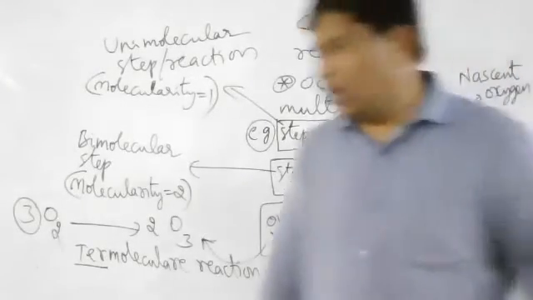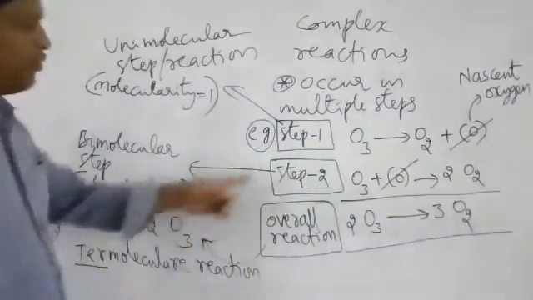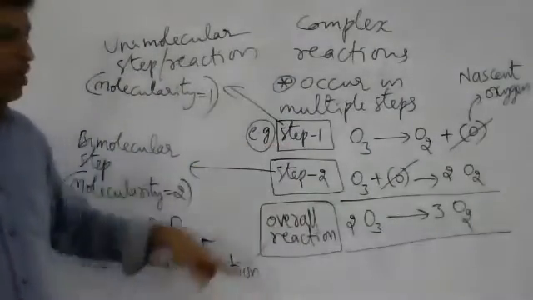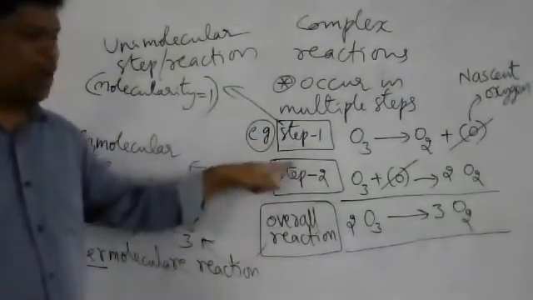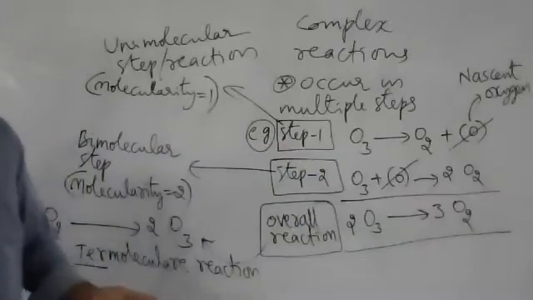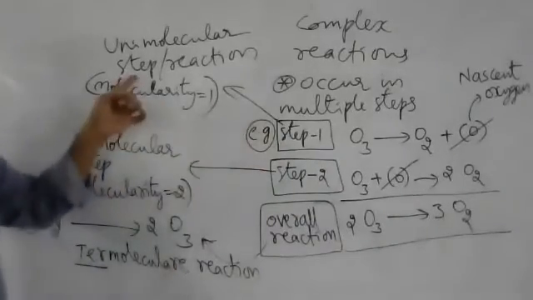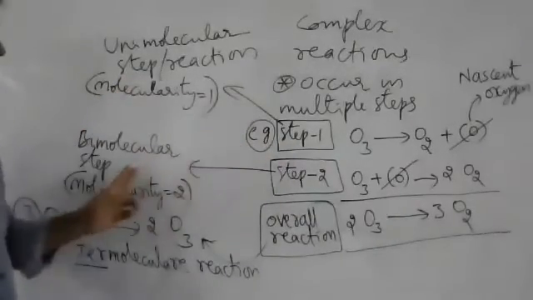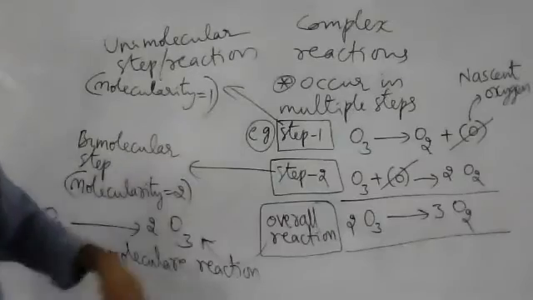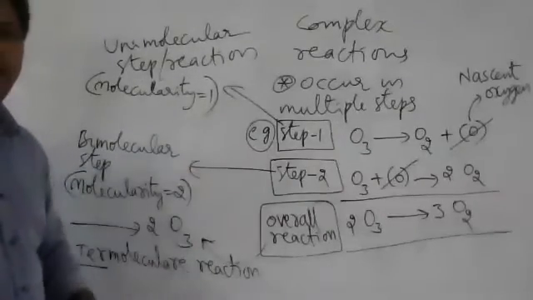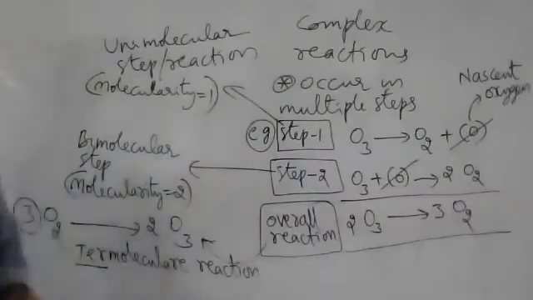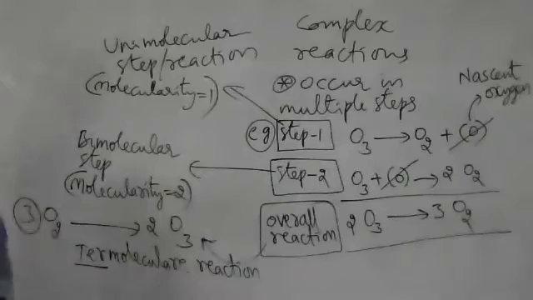Is that clear? Now in case of a complex reaction, do all the steps have the same molecularity? No. Here, step 1 is unimolecular and step 2 is bimolecular. So all the steps in a complex reaction need not have the same molecularity.